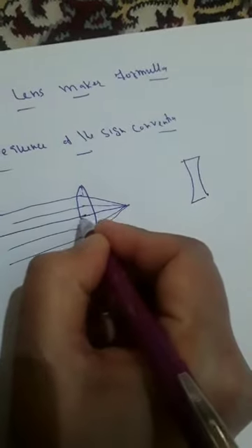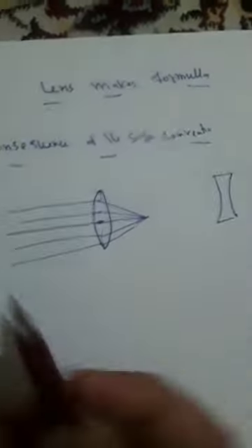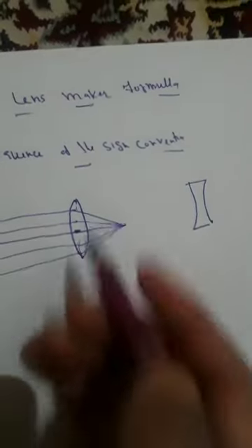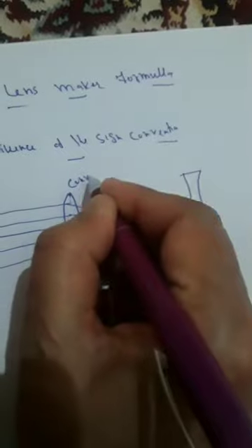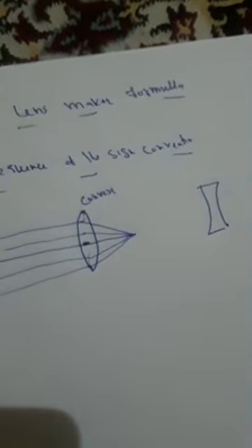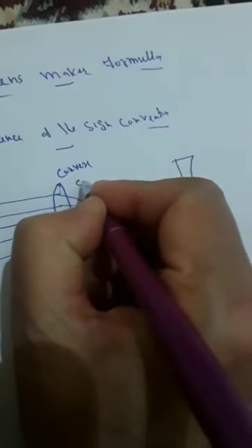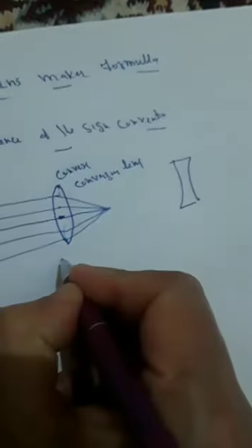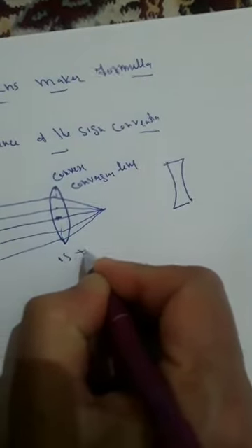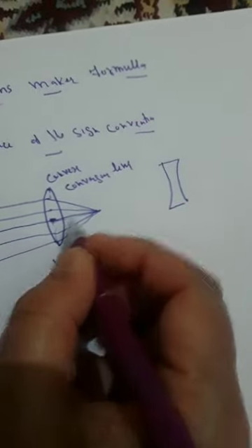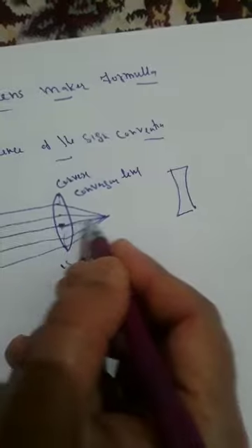When distances are measured from the optical center, the focal length of a convex or converging lens is positive, because we are moving along the direction of light.